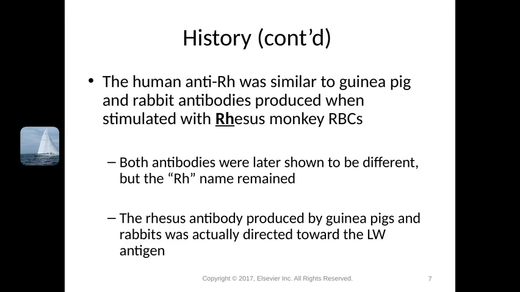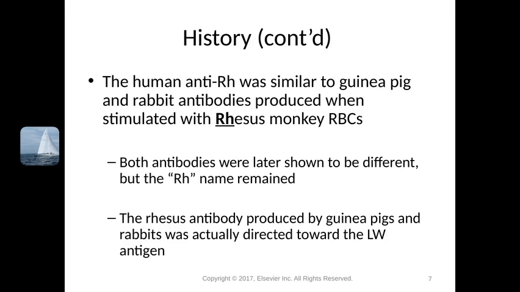The human anti-Rh was similar to guinea pig and rabbit antibodies that were made when they were exposed to rhesus monkey RBCs, hence the name Rh.